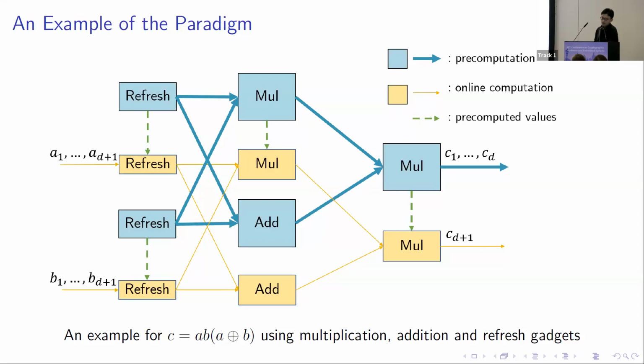Then in the online computation phase, each refresh gadget takes all shares of each input variable and produces output shares with index D. Then each gadget is evaluated in the same order.